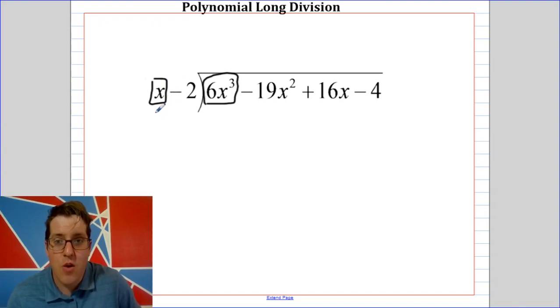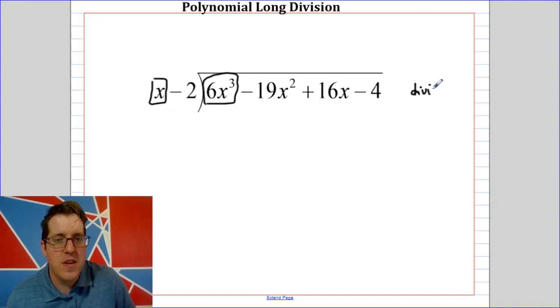The dividend is the thing being divided, and the divisor is the thing that is doing the dividing, the divider.